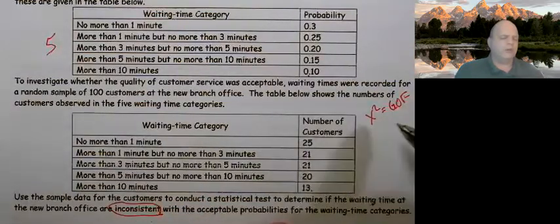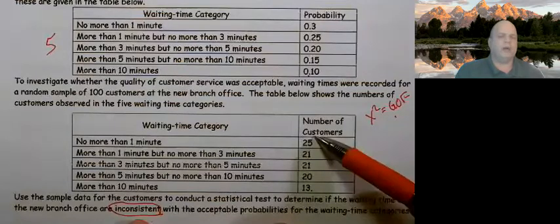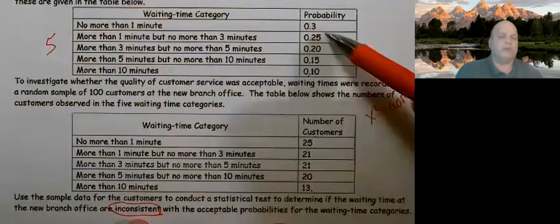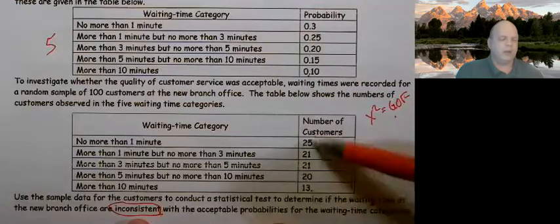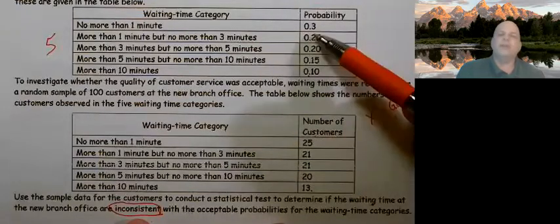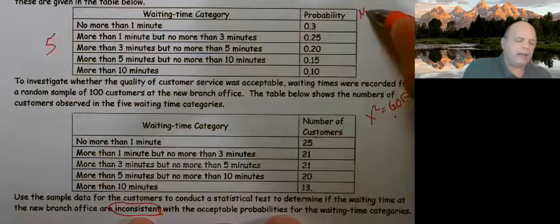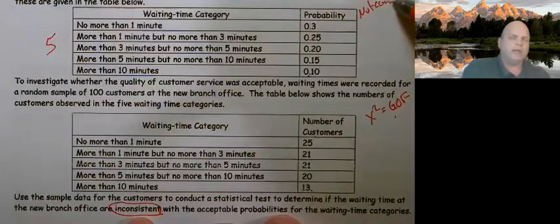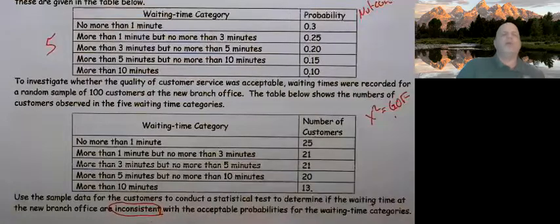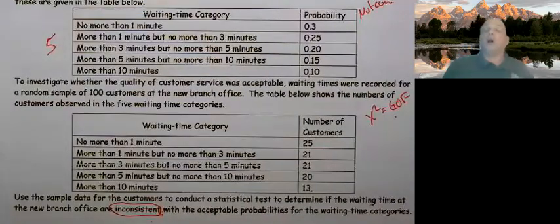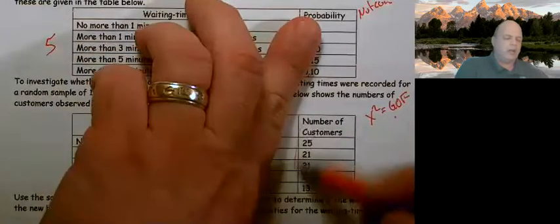Now, I also know it's a goodness of fit because I only have 1 row of data. And you're like, wait a second, no, you have 2 rows or 2 columns. No, I only have 1 column. These are not counted data. Because this is not counted data, there's no way that counts as a column of counted data. So I only have 1 column of counted data, and here it is.